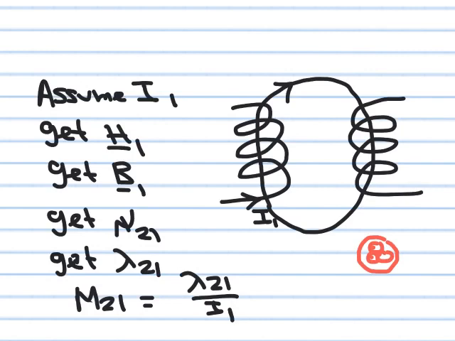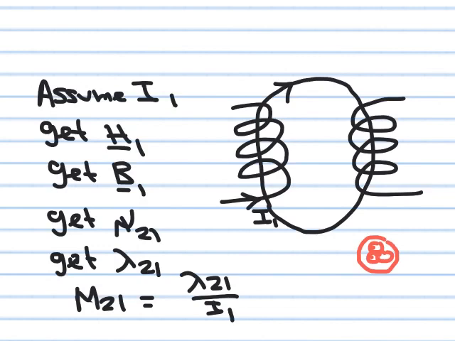So here you have to assume a current, get the magnetic field intensity, get the magnetic flux density for the first coil, get psi21, the flux going through one turn of the second coil, and then get the flux linkage, which is simply psi multiplied by the number of turns. Then the mutual inductance is lambda 21 divided by I1. Why do we need to calculate this one?